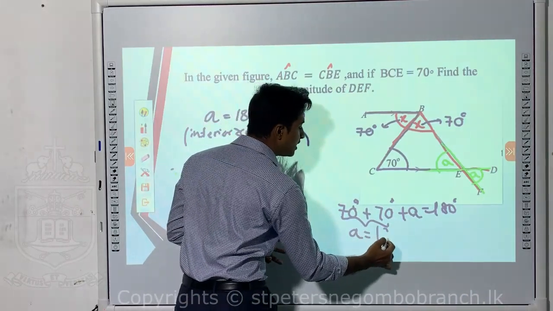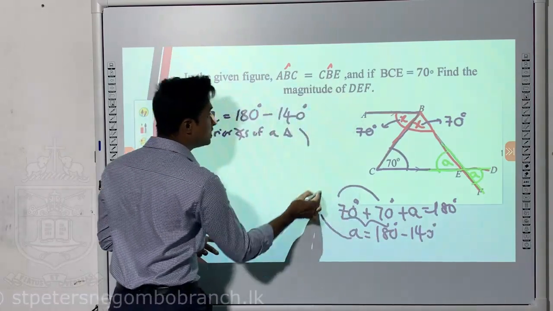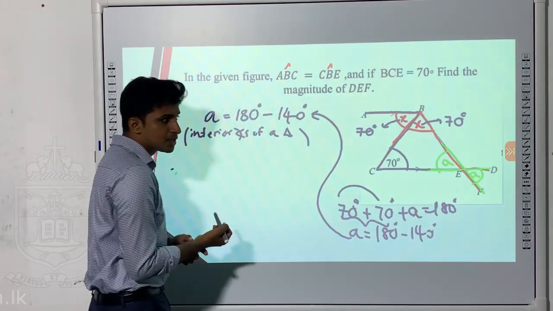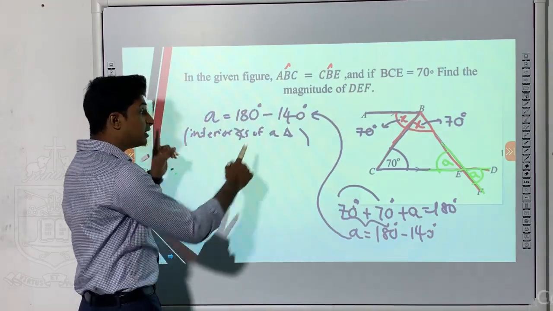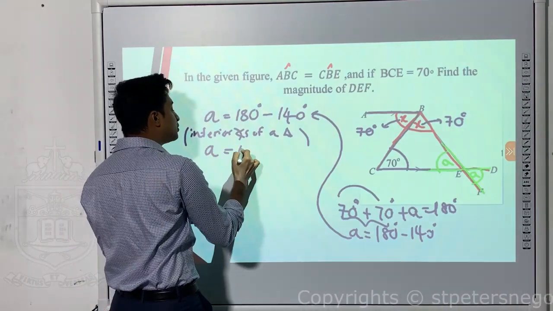So A I took as 180 minus the addition of these two. That step I have taken directly without writing this line. So you can also try that. But the reason should be written properly. So then the A value will be equal to 40.